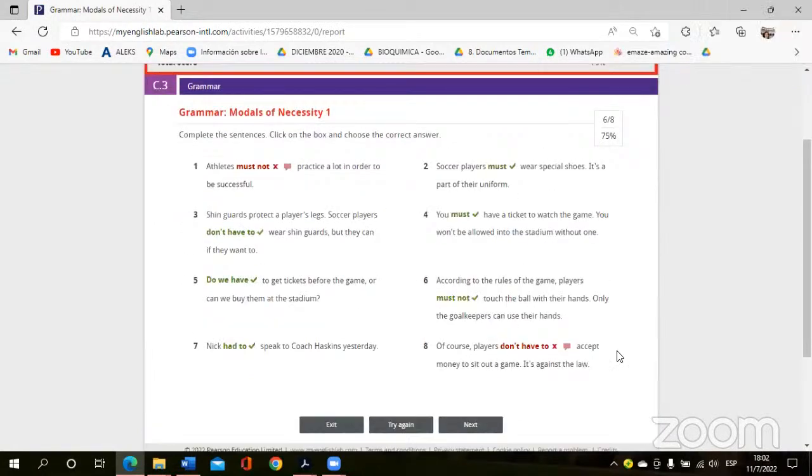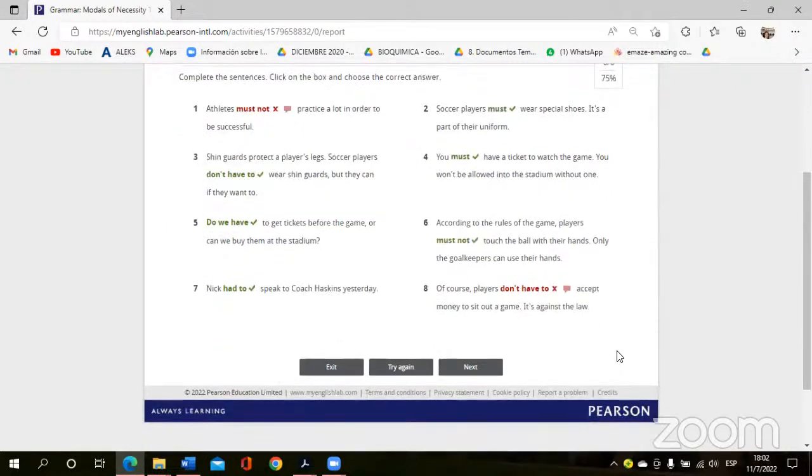Okay, just the last one. It says, of course, players, the first one and the last one, players don't have to accept money to sit out a game.